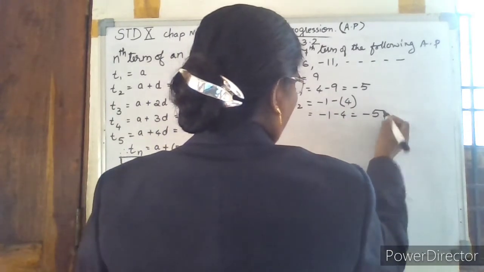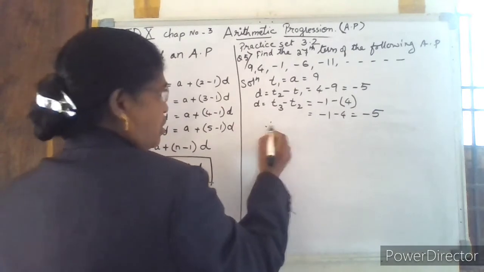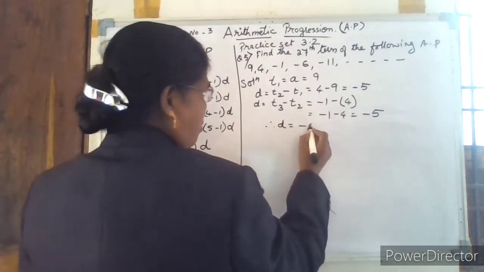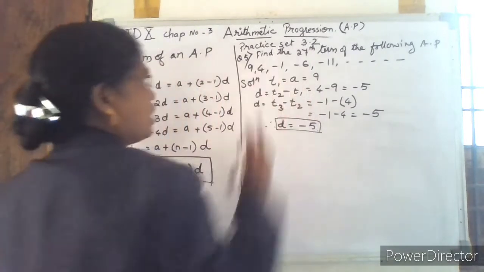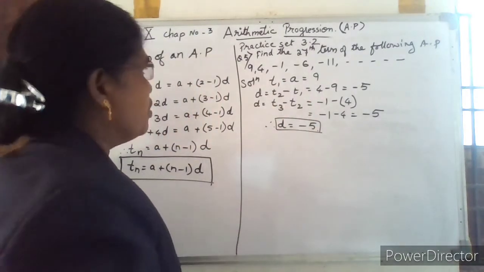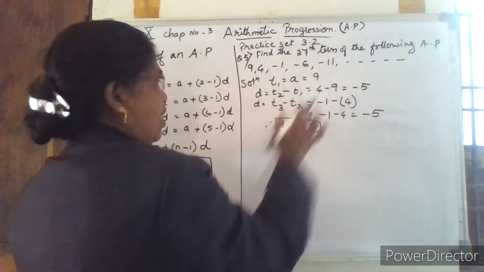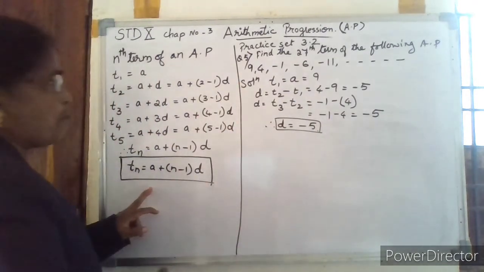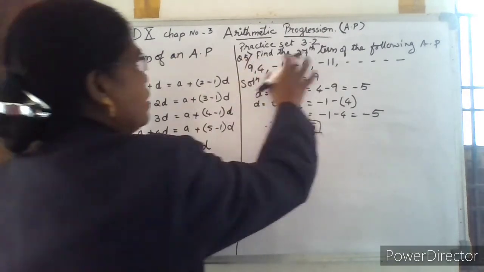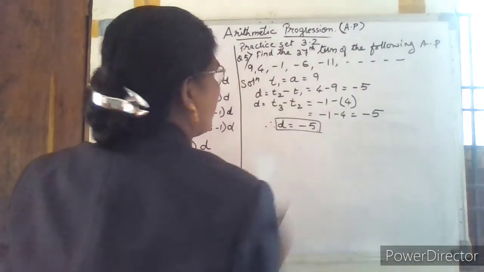Ultimately it is equal to minus 5. Therefore D is equal to minus 5, and A we got as 9. So we have the A value and the D value. Now we can use the same formula and find the 27th term.